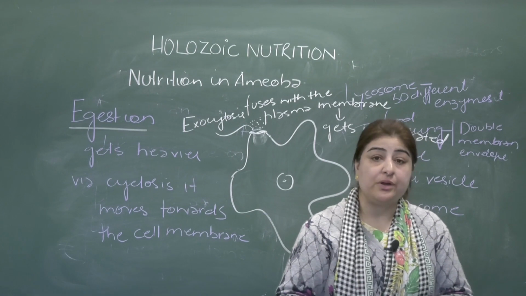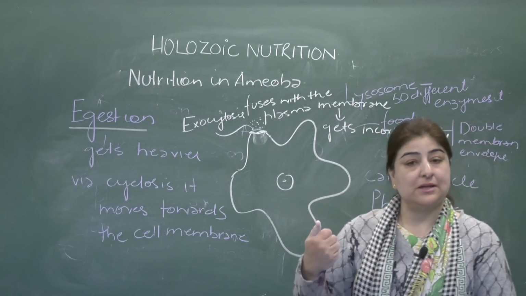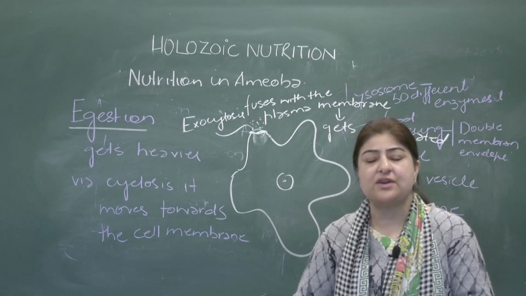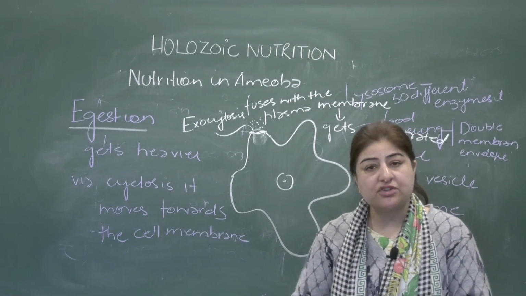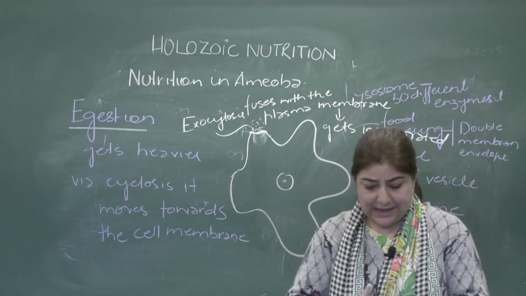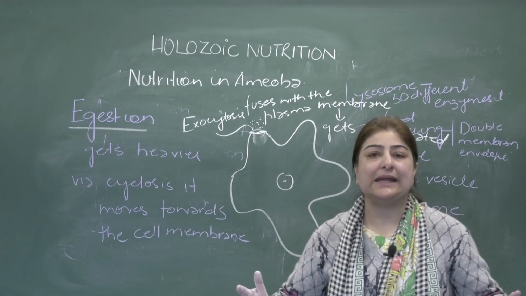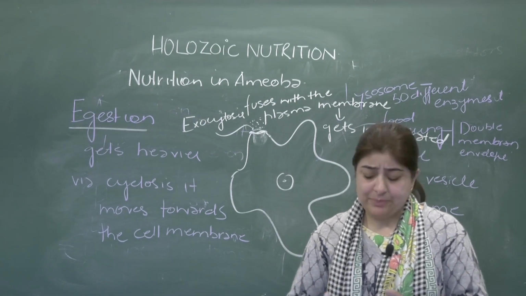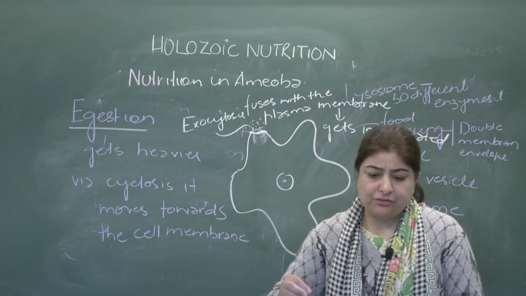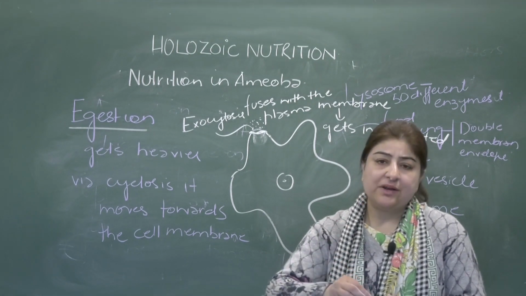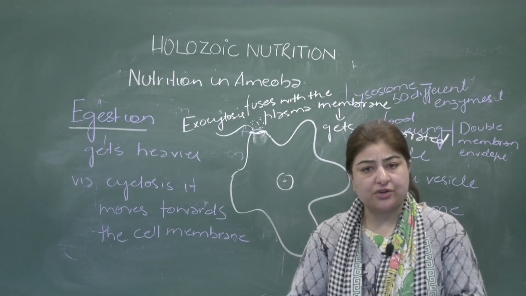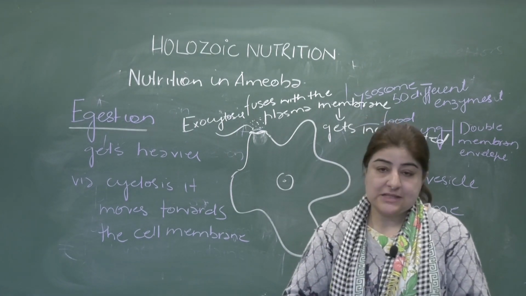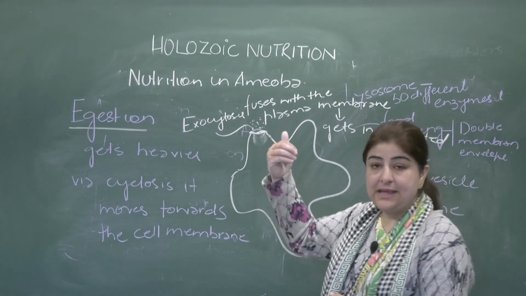The food absorbed by the cellular organelle gets converted into different structures, which increase the protoplasmic content of that cell. As you know, amoeba is a single cell. So this assimilated food gets converted into different protoplasmic structures, resulting in an increase in the protoplasmic content.